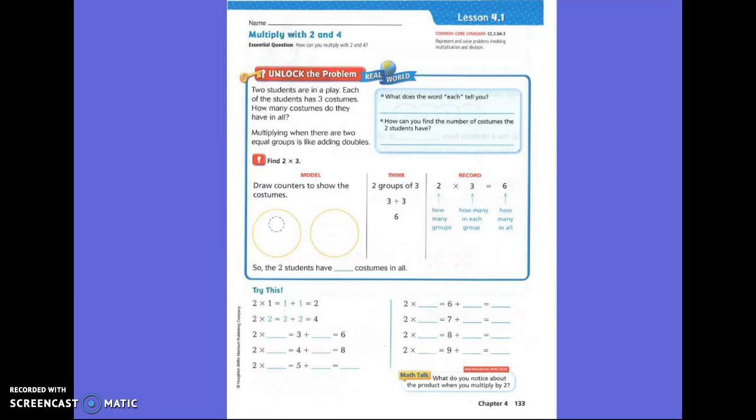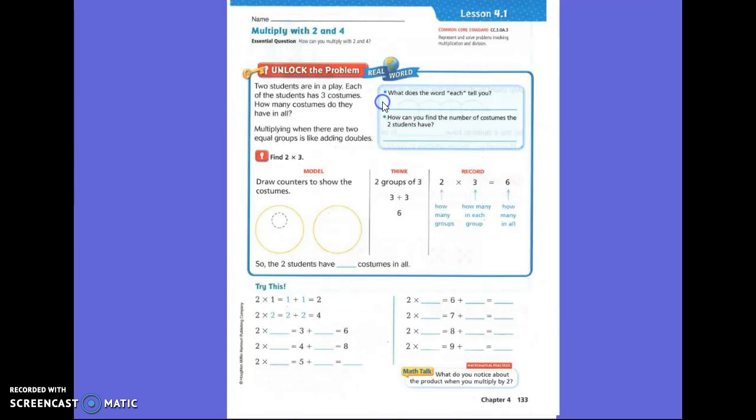3 what? Students. No. Well, okay. There's going to be 3 costumes, yes, but what does each mean? For one. That means for one student. Both students have 3 costumes, right? That's what it means. Okay. Both students, not just one.